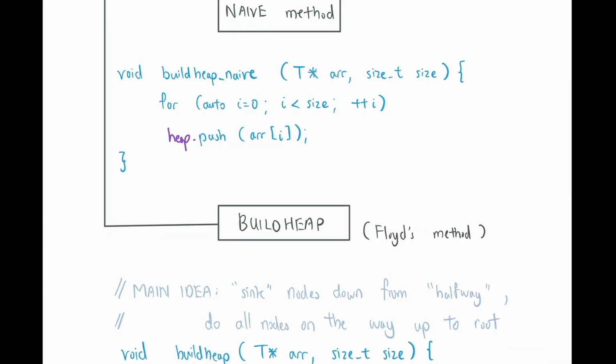This would naturally need to be in some order of log n. And so the complexity would be, you're going through all the items in the array, times this push operation, which we know is log n. So this heapification is actually n log n.